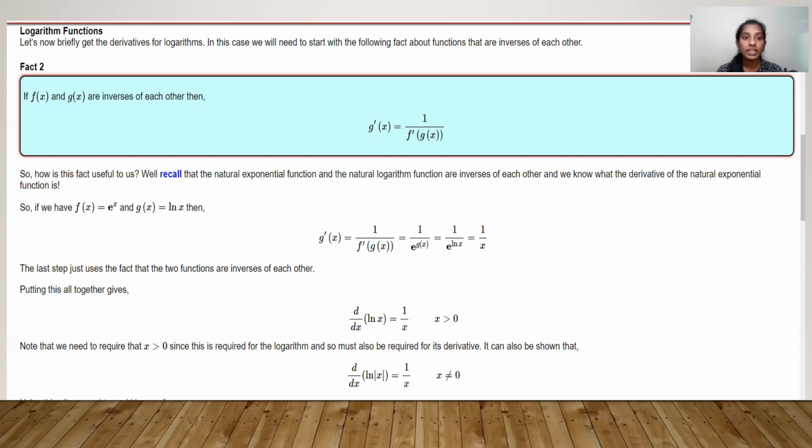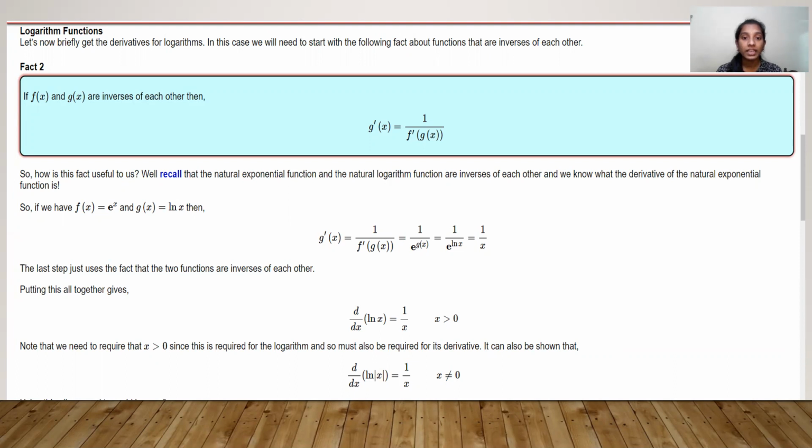So, we recall that the natural exponential function and the natural logarithm function are inverses of each other, and we know what the derivative of the natural exponential function is. When f of x is equal to e power x, the derivative of f of x is e power x. So if we have f of x as e power x and g of x as log x, then g dash of x will be 1 by f dash of g of x.